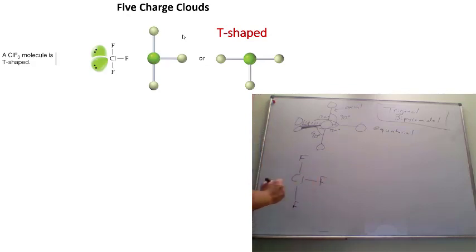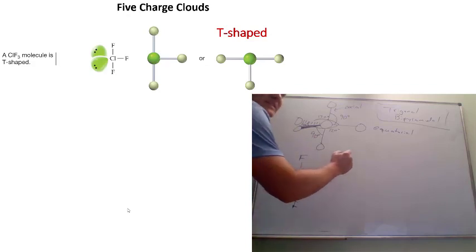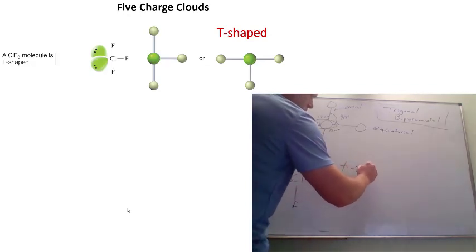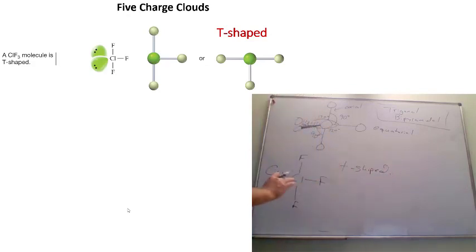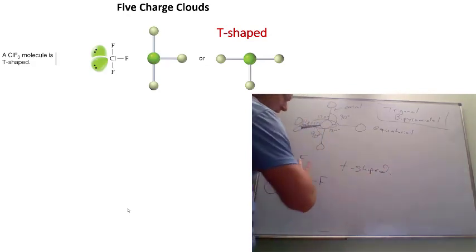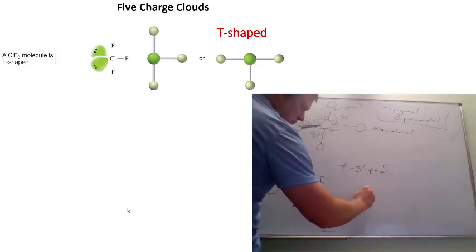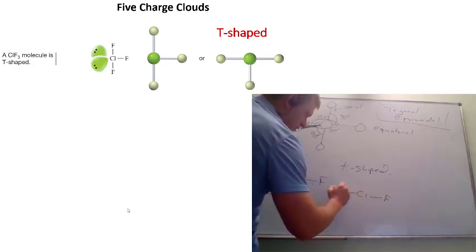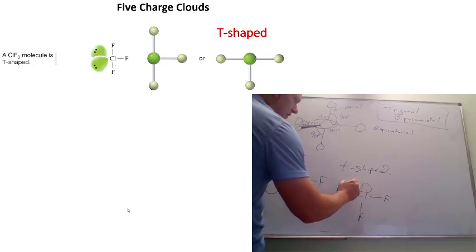We'll include our other fluorine here, and then the other two positions equatorially are going to be our lone pairs. So again, this is called T-shaped. Okay, if we turn this guy on the side, you can see if we flip it over, it has a T shape. So chlorine, fluorine, fluorine, fluorine, with our two lone pairs coming out of the top.